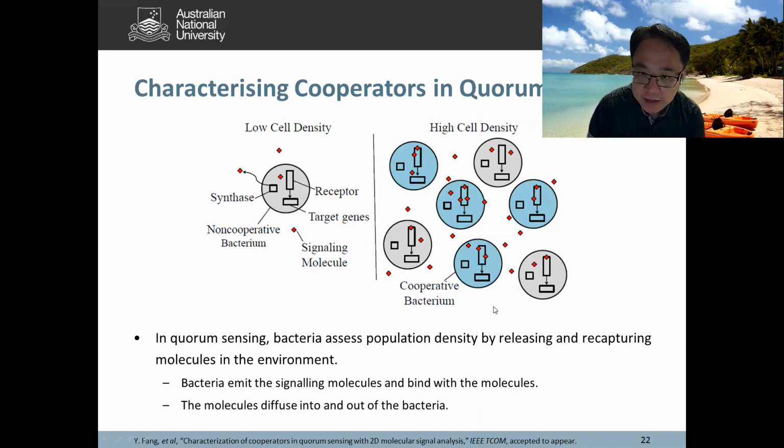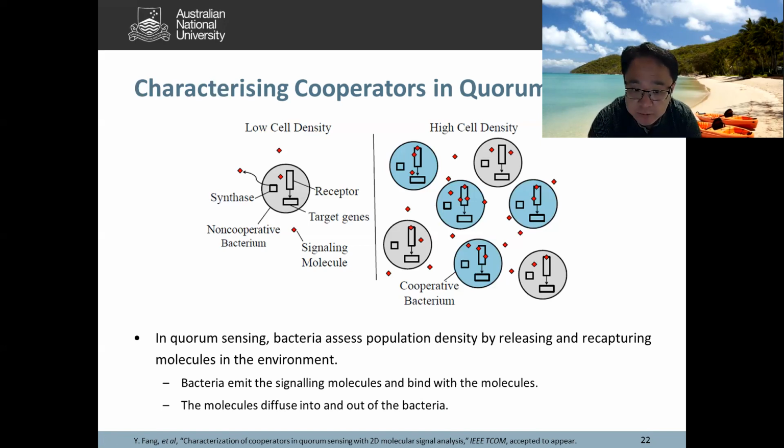The important thing is that in quorum sensing, the bacteria will decide to cooperate with each other if the received or recaptured molecules are higher than a threshold. So this is the basic principle of quorum sensing. In one sentence, we have a group of bacteria and they release and recapture molecules. If the molecules that they capture are higher than the threshold, they will decide to cooperate.